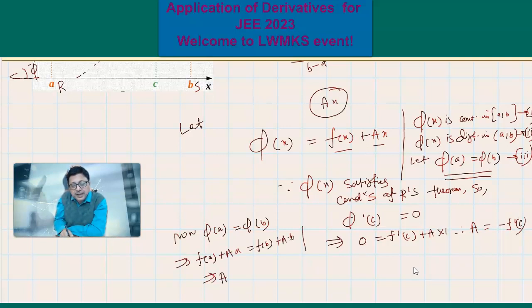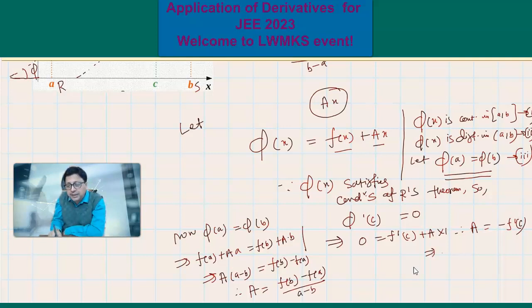So this implies a into (a minus b) equals f(b) minus f(a), so the value of a is f(b) minus f(a) by a minus b. Now if we substitute the value here, keeping the minus outside, f(b) minus f(a) by b minus a equals minus f'(c). Therefore, f'(c) is going to be f(b) minus f(a) by b minus a.